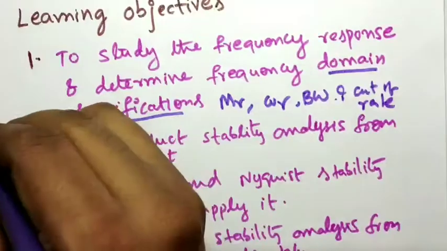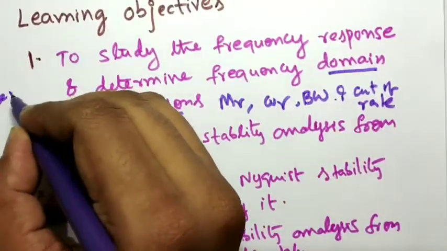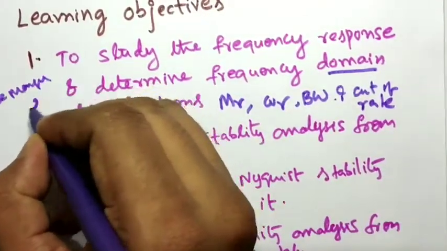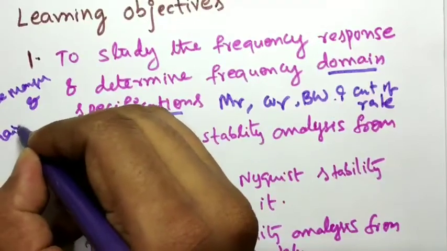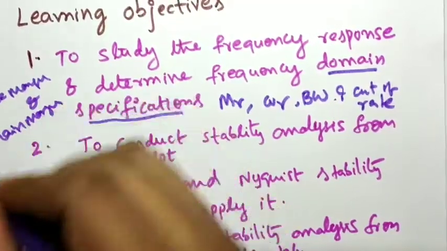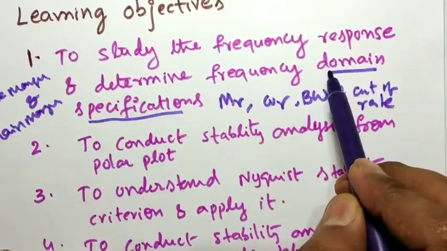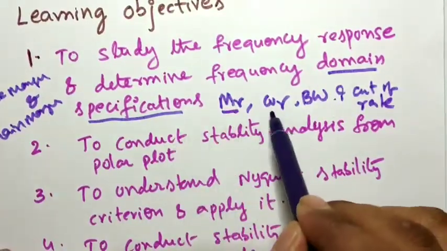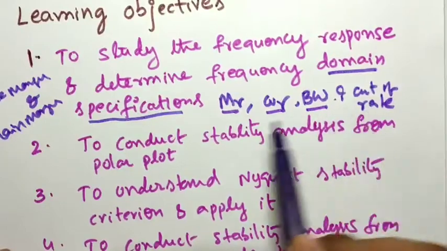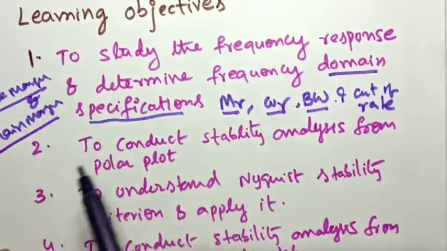Another one is the phase margin and gain margin. So these are the frequency domain specifications: Mr, omega r, bandwidth, cutoff rate, phase margin, and gain margin.